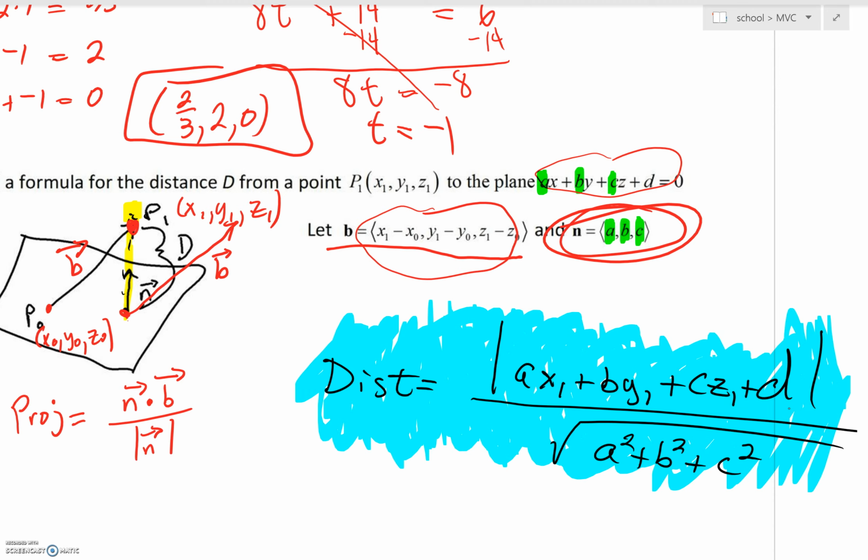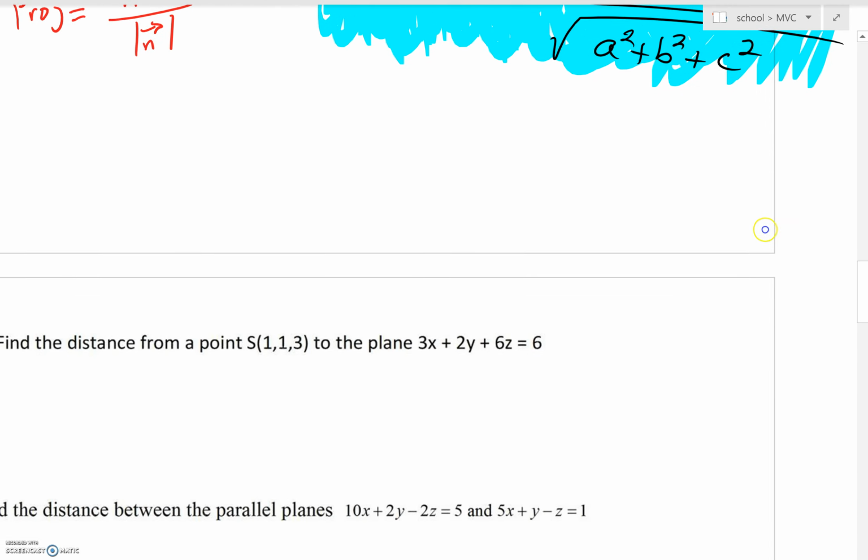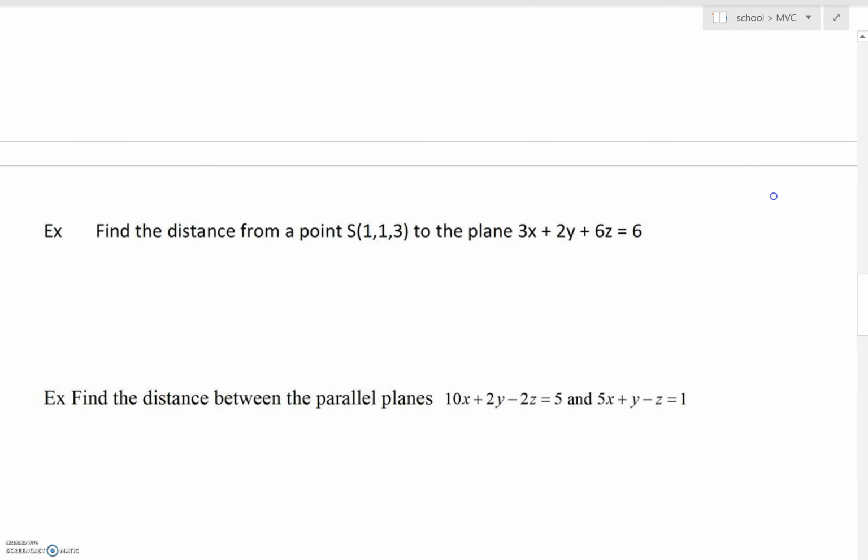We can talk about the rest of the proof of this formula in class, or you could just read it in the book. But hopefully right now it's very believable to you, and you can look at this and say, certainly I can see where it's coming from. Let's see how we can work this out, though.